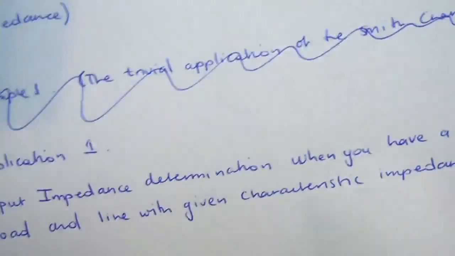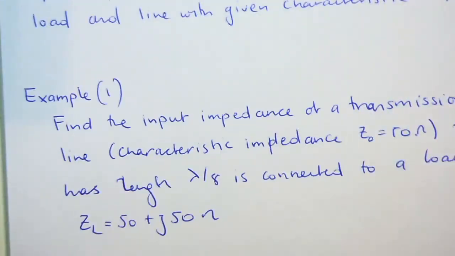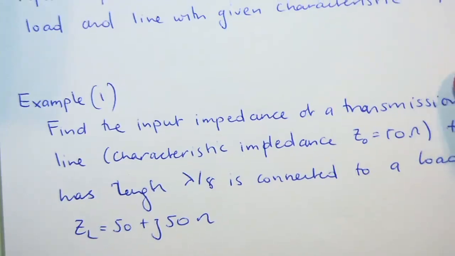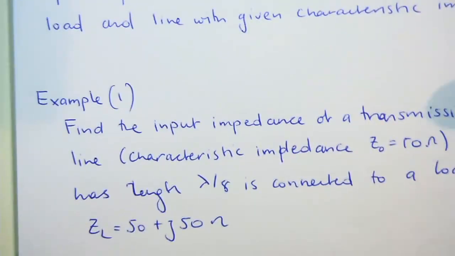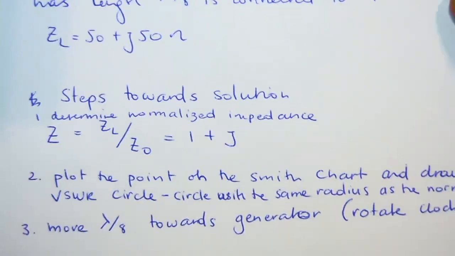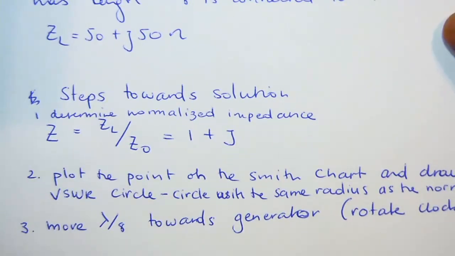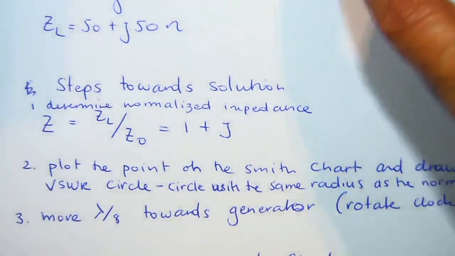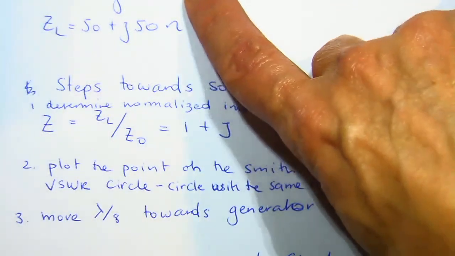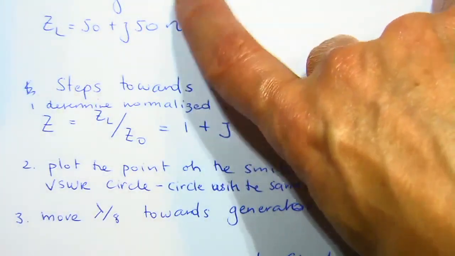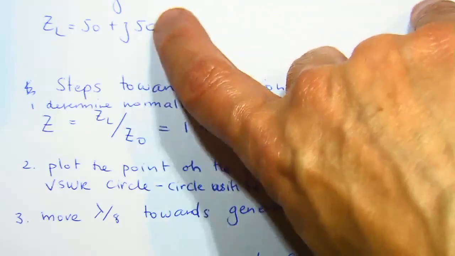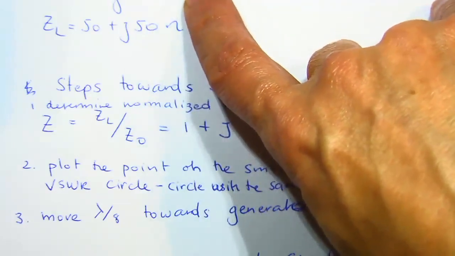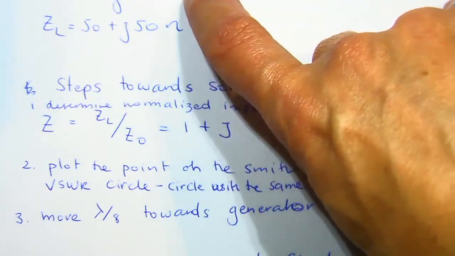And then we looked at some examples. We looked at the simplest one, where we had a transmission line with a characteristic impedance, and we were connecting up to some load. The load is connected to a transmission line of a length on the order of the wavelength.